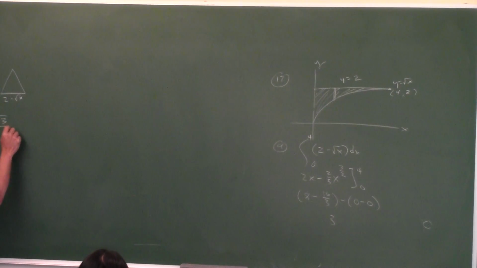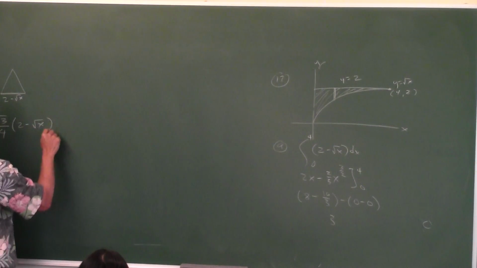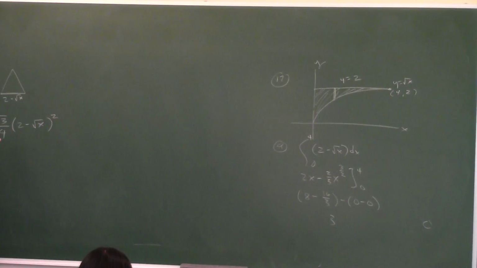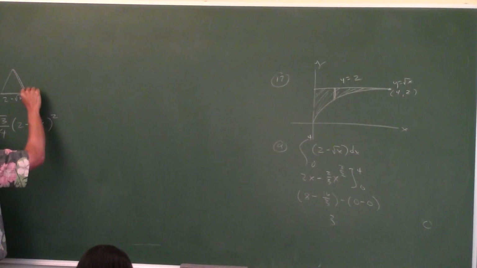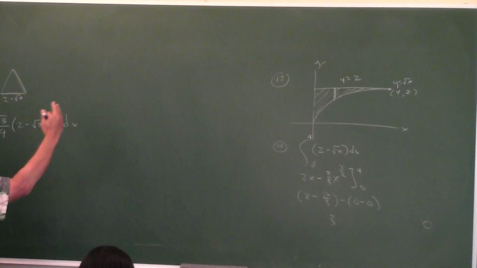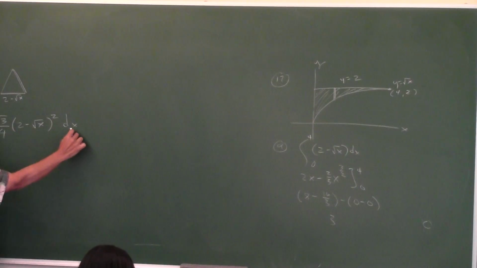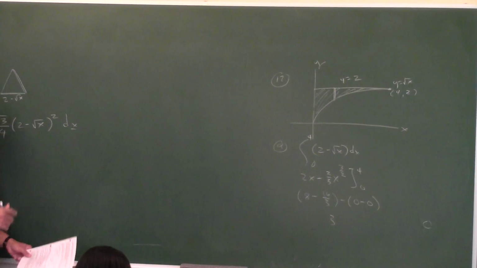Root 3 over 4 times the side squared. Please don't forget the square, because some of you forgot the square last night. But there's a thickness to it, dx, and then you add up all of these from 0 to 4. Since you're doing it in terms of x, you go from x to x.